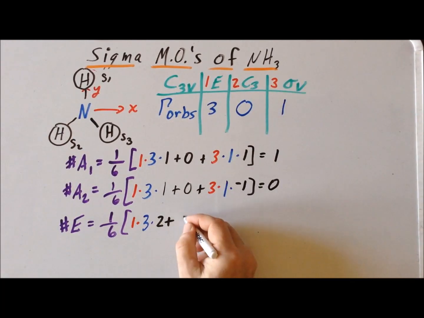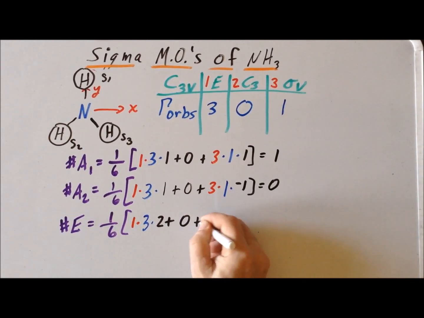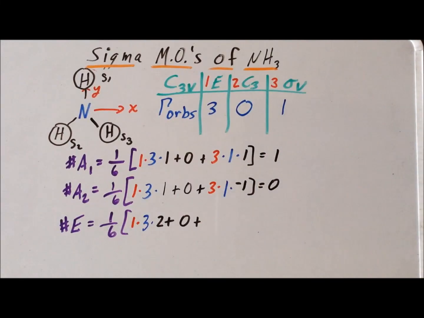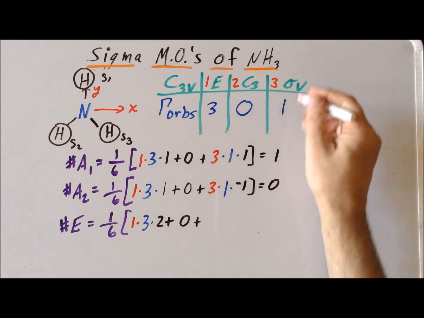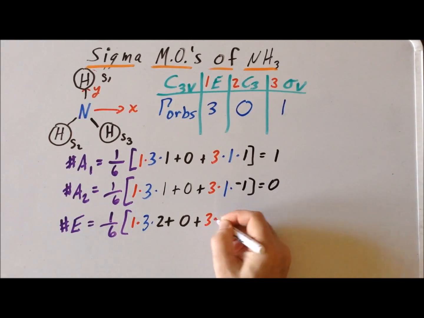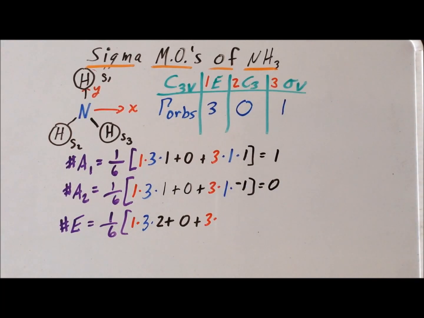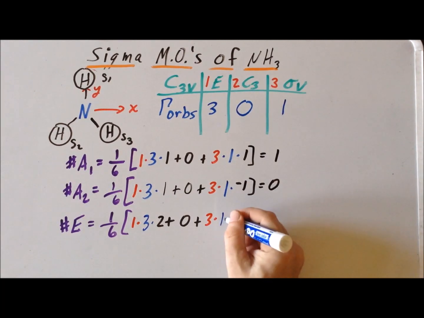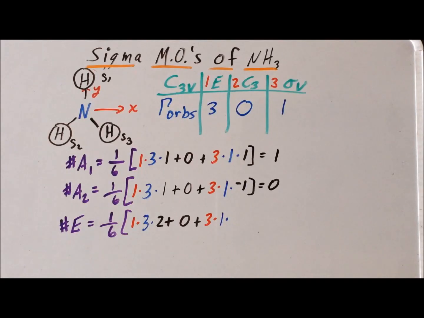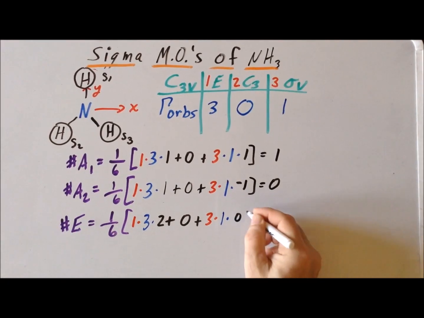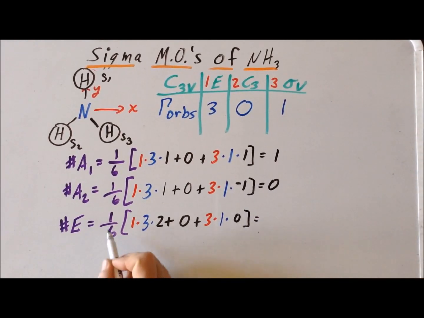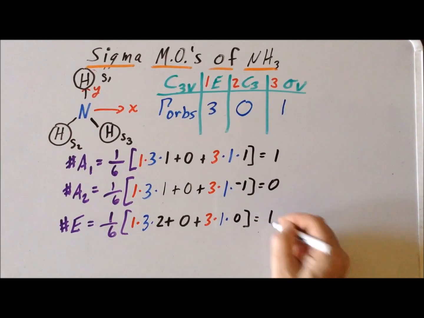For C3, again, the middle term ends up being a 0. And then for sigma V, the number of operations in the class is 3. The character of the reducible representation is a +1. And then the character from the character table for the irreducible representation E is a 0. So here we have 6/6, which is equal to 1.